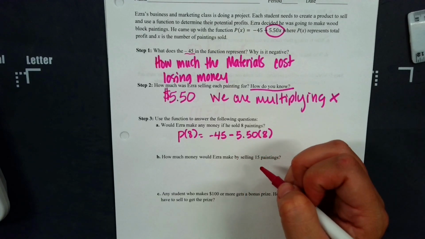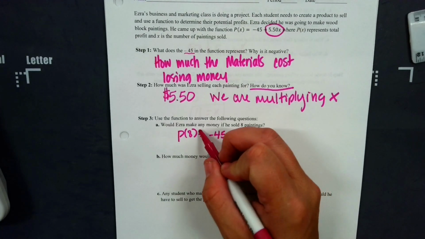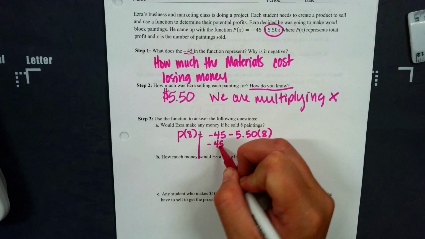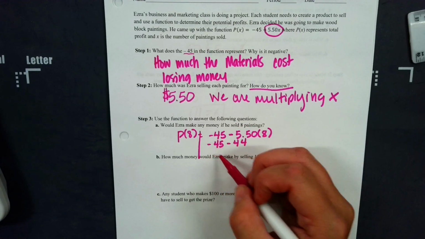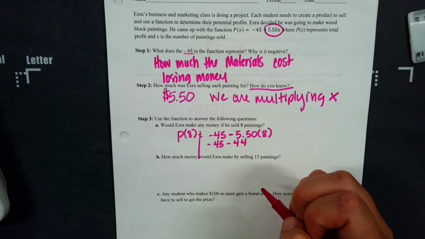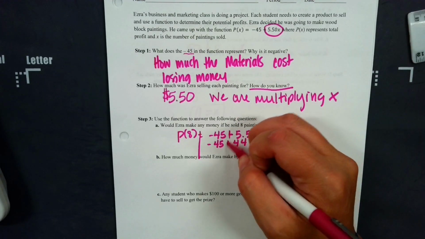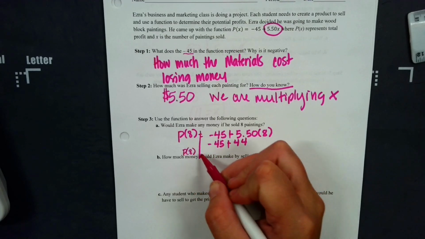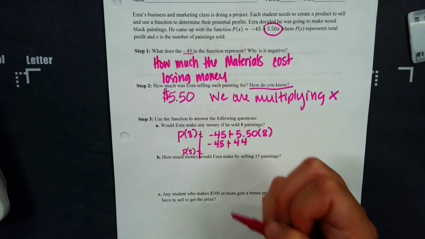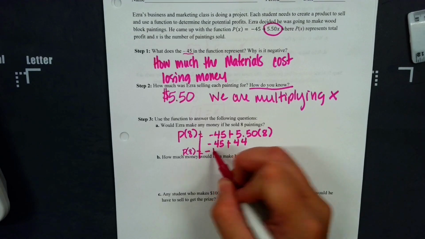What's 5.5 times 8? 44. Negative 45. Oh, that should be plus, sorry. Is he going to make any money? No. He's actually still in the hole $1.